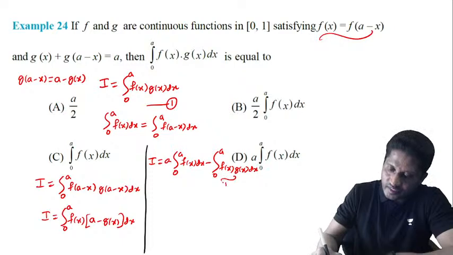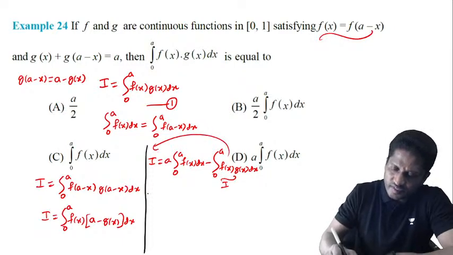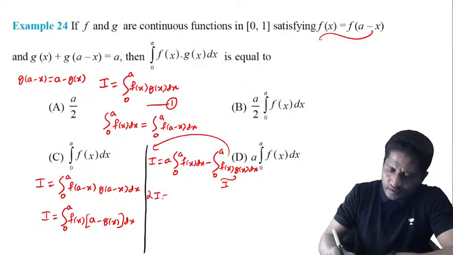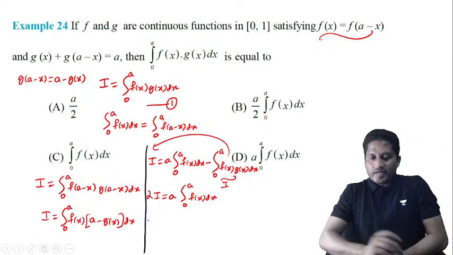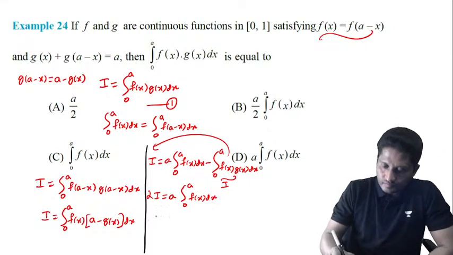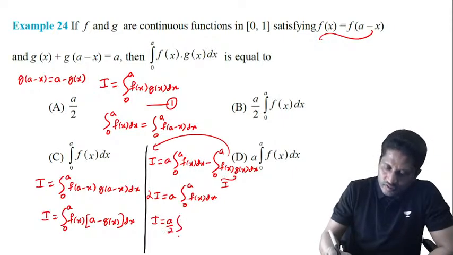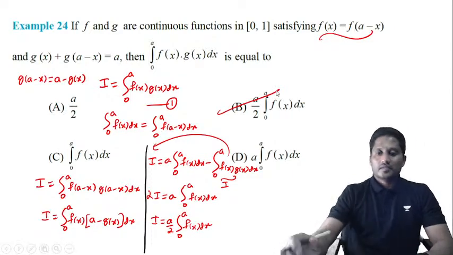It's the same as I, right? If I shift it here, you get 2I is equal to a times the integration from 0 to a of f(x) dx. Now I is equal to a by 2 times the integration from 0 to a of f(x) dx. The answer is option B.